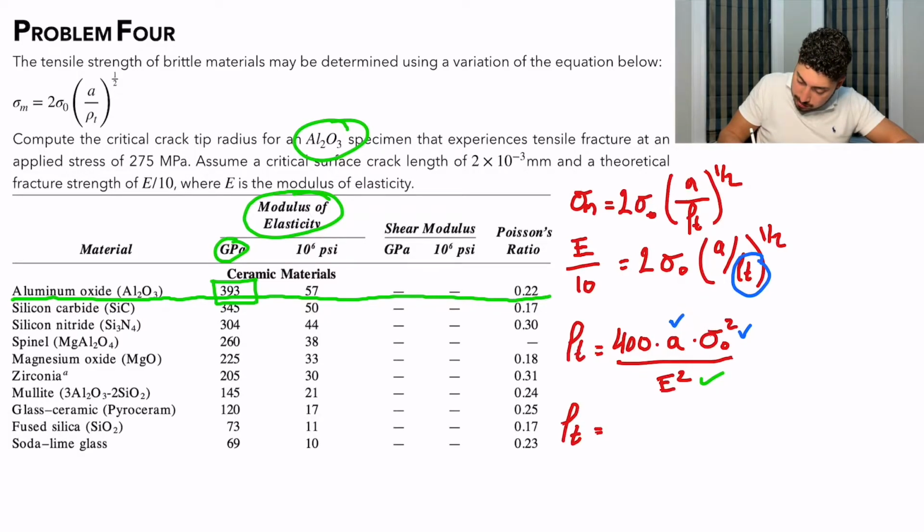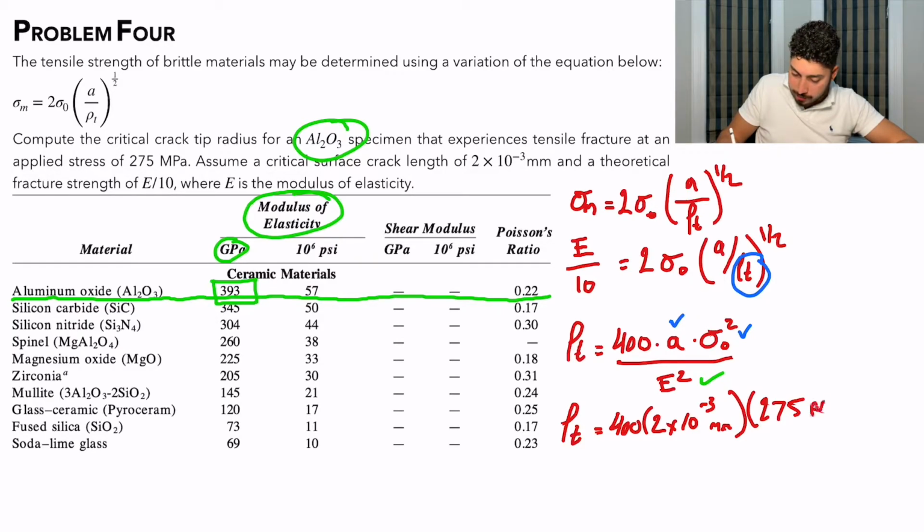So rho t is equal to 400 times 2 times 10 to the minus 3 millimeters times our applied stress, which is 275 megapascals, all over our Young's modulus, which is 393 gigapascals, squared.